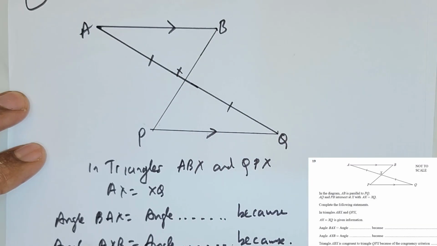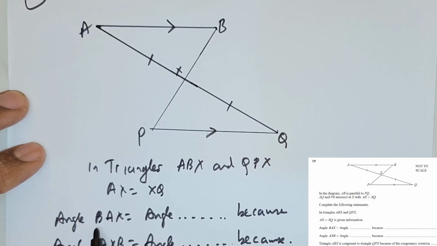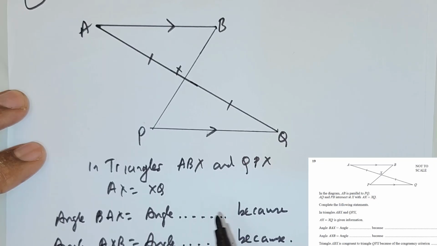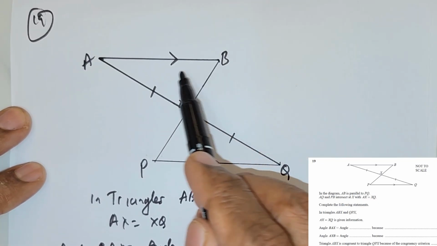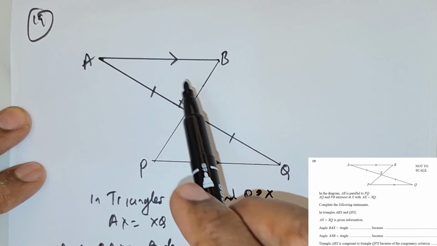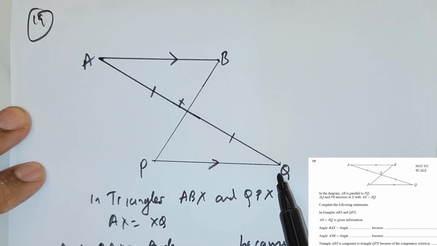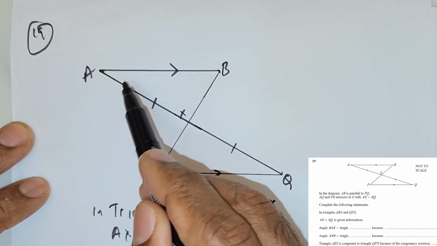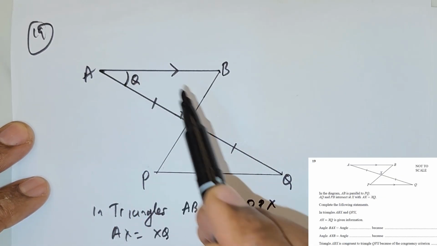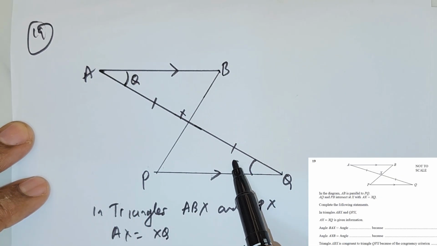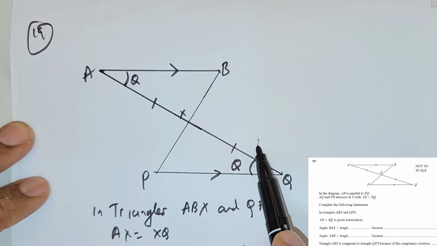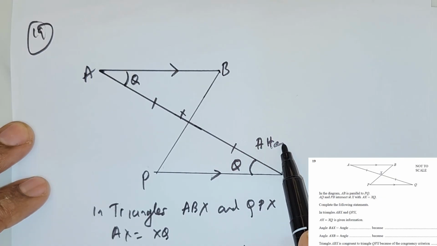So we got two triangles. We are expected to fill this blank. Angle BAX is equal to angle what? Now we have two parallel lines. You have got a parallel line here and you got a parallel line here, and this is the transverse line. Now the angle that is created here will be equal to this angle by the alternate theorem.